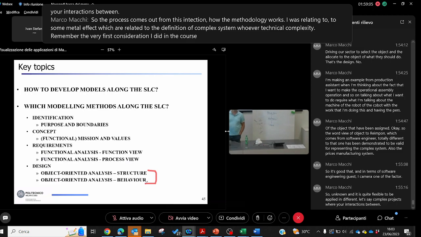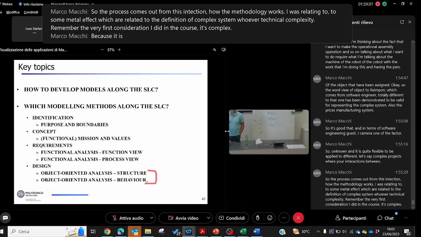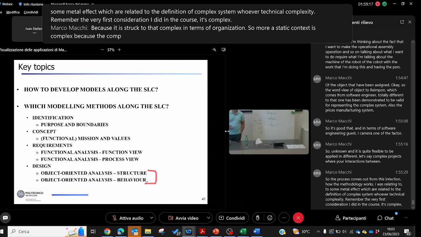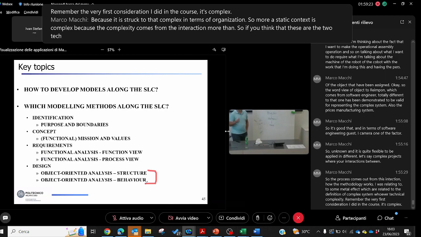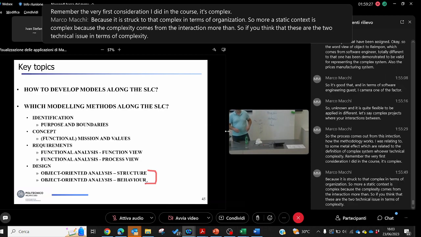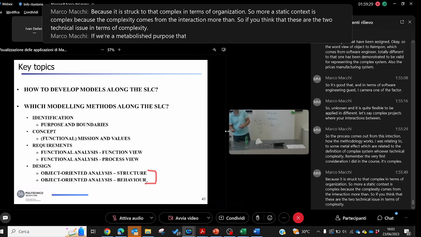It's complex because it is structurally complex in terms of organization, so more a static complexity. It's complex because the complexity comes from the interaction, more a behavioral complexity. So if you think that these are the two technical issues in terms of complexity of a system, if we have a methodology that covers these aspects, the structural complexity and behavioral complexity, it is good. That's it. Okay?